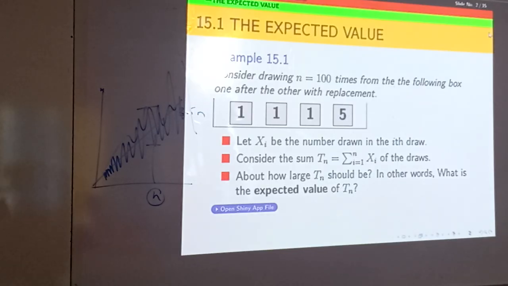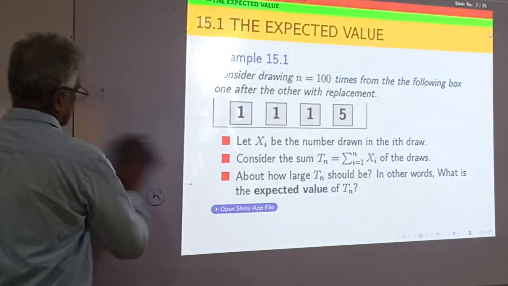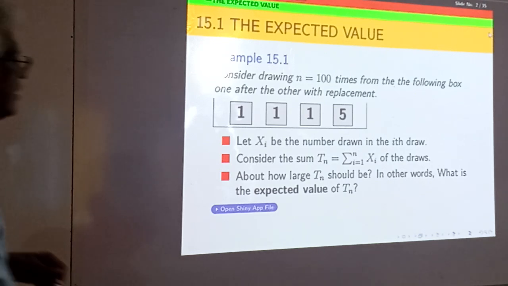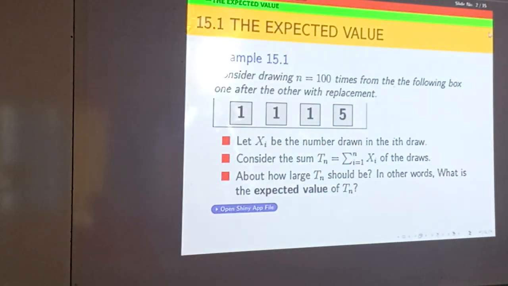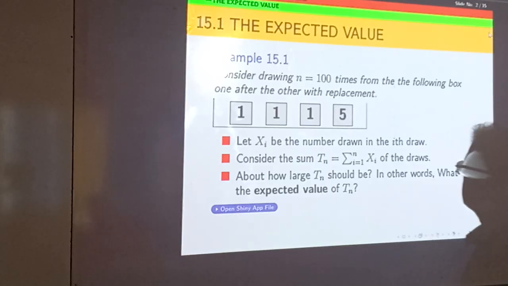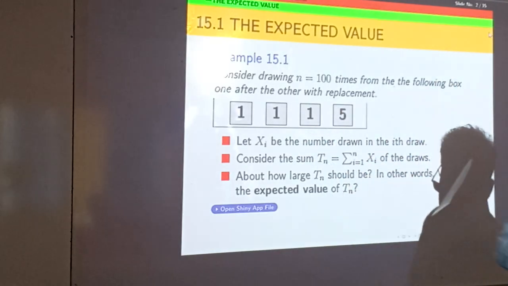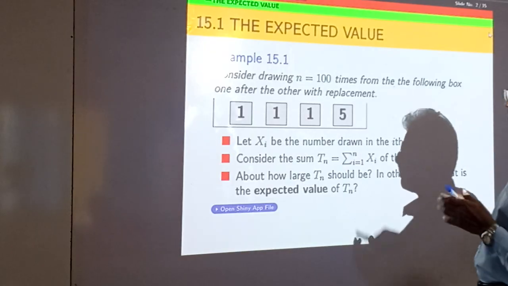So let's again look at this problem, just to see what happens, like in the previous example. Suppose you are drawing 100 numbers or 100 times from this particular box. So Tn is the sum of values at the nth row, right? After you are having n rows, the total number of values that you have got is Tn, the sum of xi.